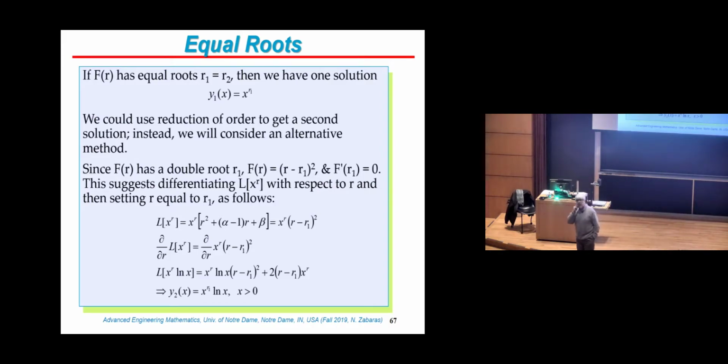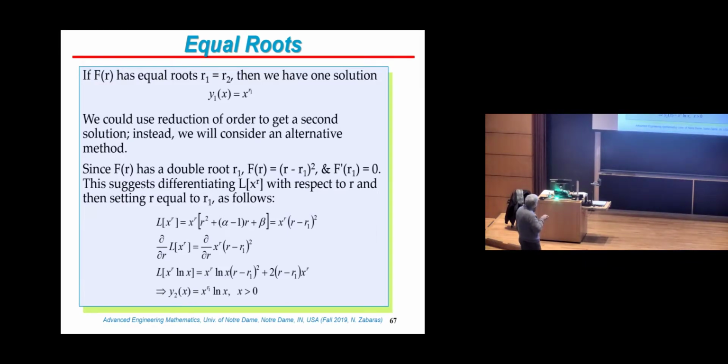Now I'm testing your calculus. What's the derivative of x to the r with respect to r, not with respect to x? It is x to the power r log of x.